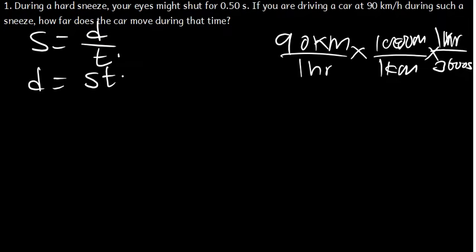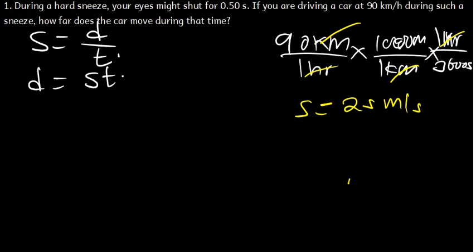So now we are going to cancel the kilometers, cancel the hour, and we're going to remain with meters per second. So 90 times 1000, divided by 3600, which is 25, meaning that our speed now is 25 meters per second.